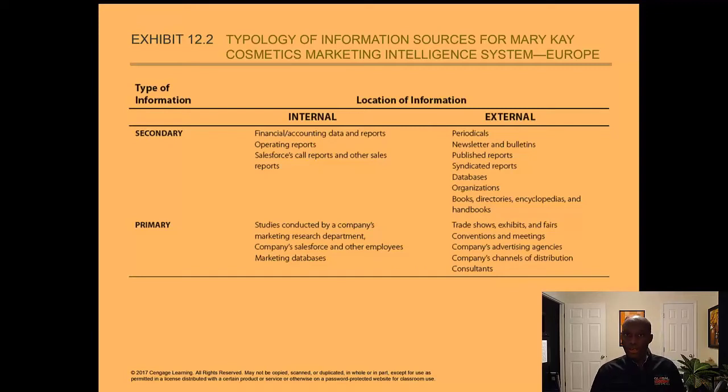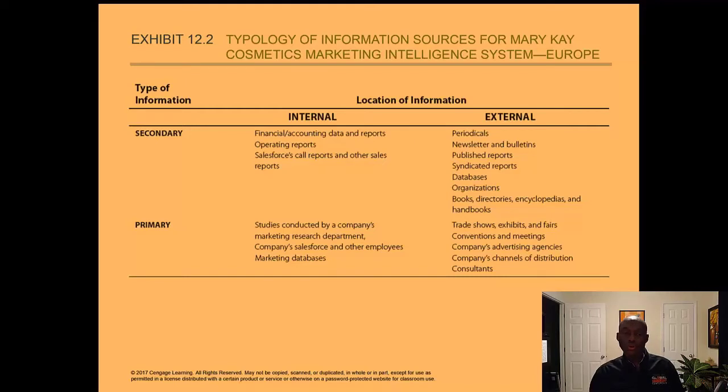Unlike secondary data, which is available, but it might not fit your particular situation. So you have internal primary data that you can collect through the company marketing research department. Companies' sales force may have that data from their sales.